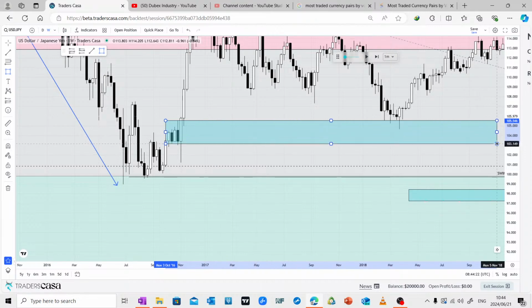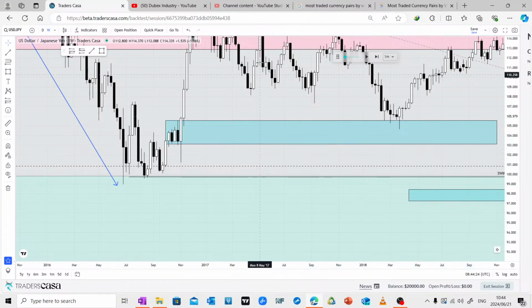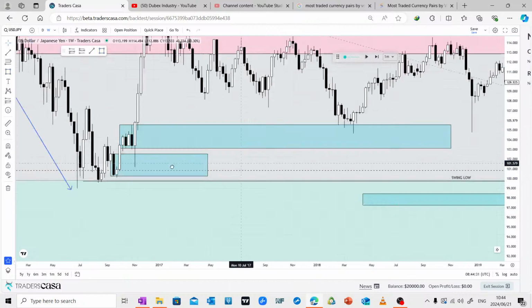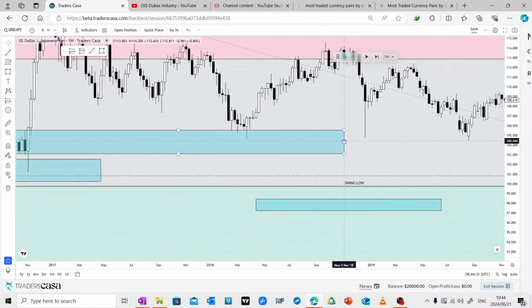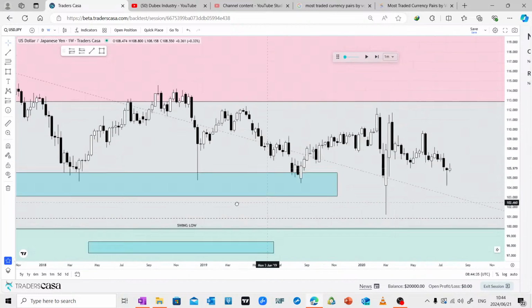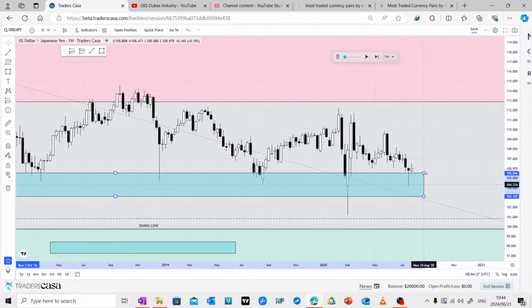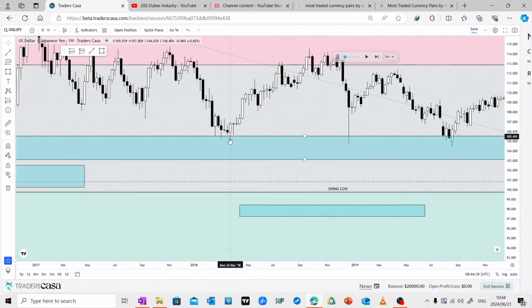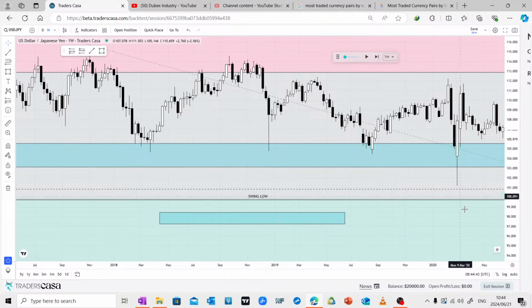So price is reacting to this order block, and also price did react to this order block right here. You see? So if we take this one and pen it out like that, we've got this region, right? You can see price respected it one-two times, the third time, and then the fourth time it failed.